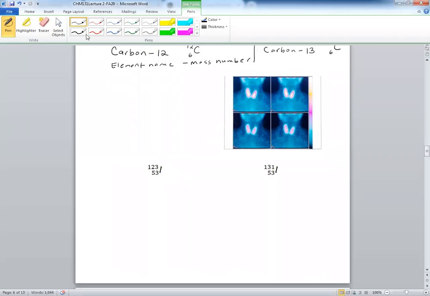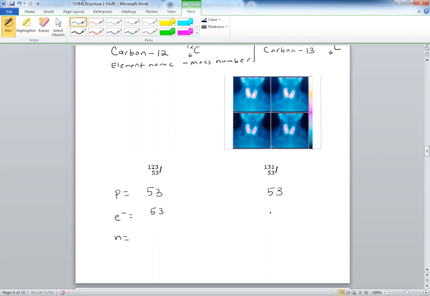Okay, so let's do these and see what is changing. So if we do the number of protons, the number of electrons, and the number of neutrons. The number of protons in here is 53, has not changed there again. The number of electrons also is 53.